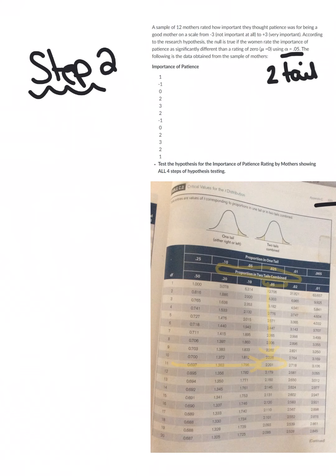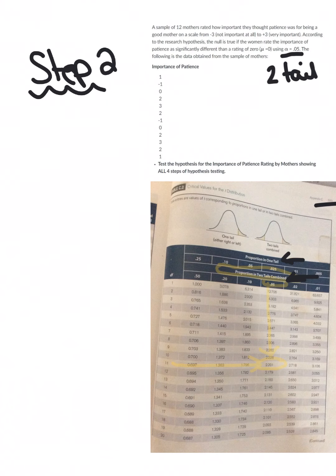You'll notice that this first row is used for 1-tail, and this is used for 2-tail. So you want to focus on the columns that are underneath 2-tail. So we want to look at 0.05. We don't need to split it. And then we want to look up our degrees of freedom.